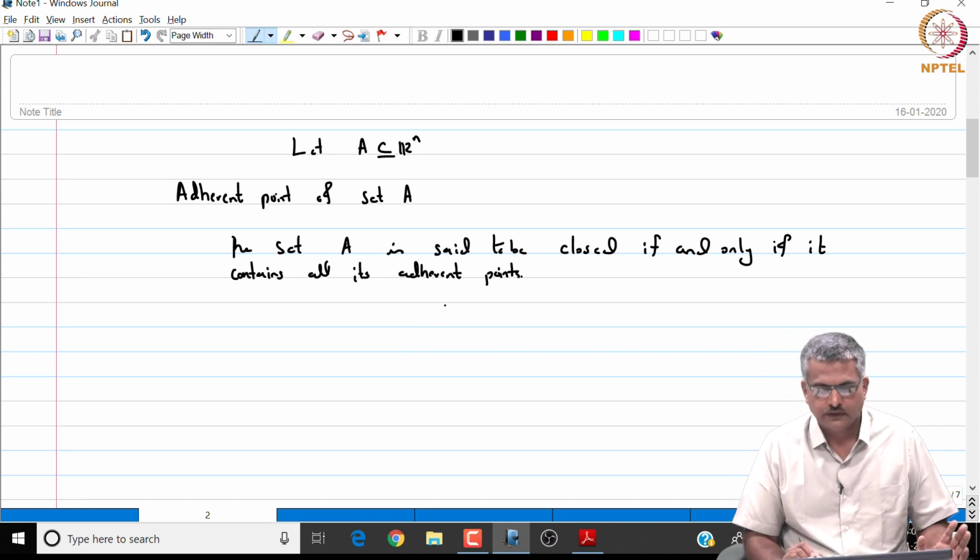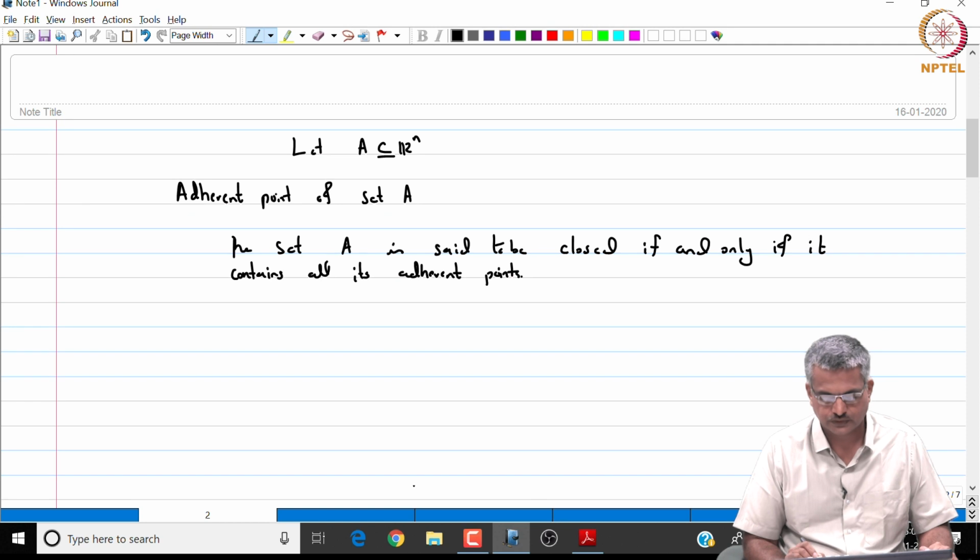So, just like we define the open set using interior points, we can define the notion of closed set using adherent points.